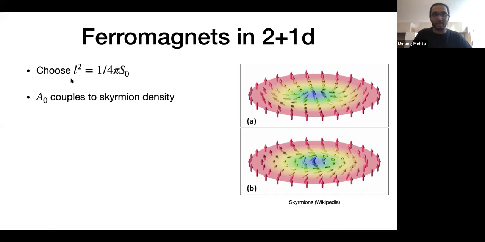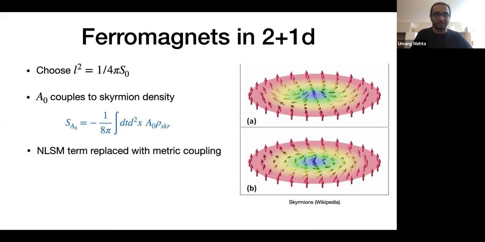If we choose L squared to be equal to 1 over 4 pi S_0, then we can say that A0 couples to the skyrmion density, which is appropriately normalized because of our choice of L squared. And now this combination of the Berry phase term, the Wess-Zumino term, and S A0 is invariant under volume preserving diffeomorphisms. The nonlinear sigma model term is simply replaced with a metric coupling that looks like this, and we find an action that is invariant under this transformation.